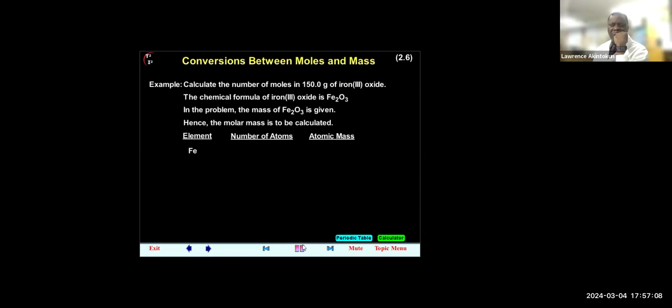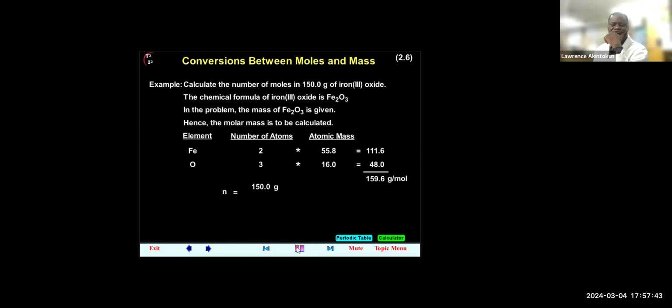Element Fe, number of atoms, 2, atomic mass, 55.8, total 111.6. Element O, number of atoms, 3, atomic mass, 16.0, total 48.0. The molar mass is 159.6 grams per mole.